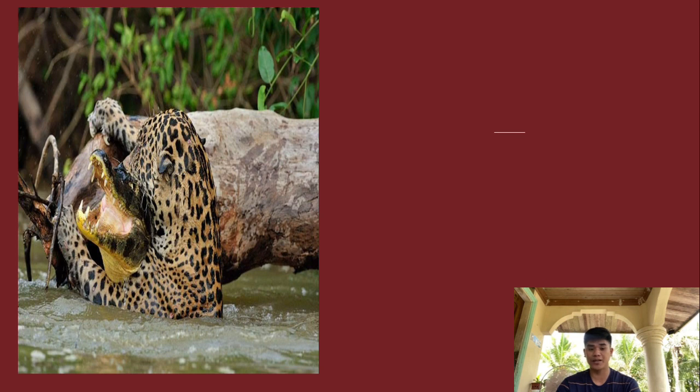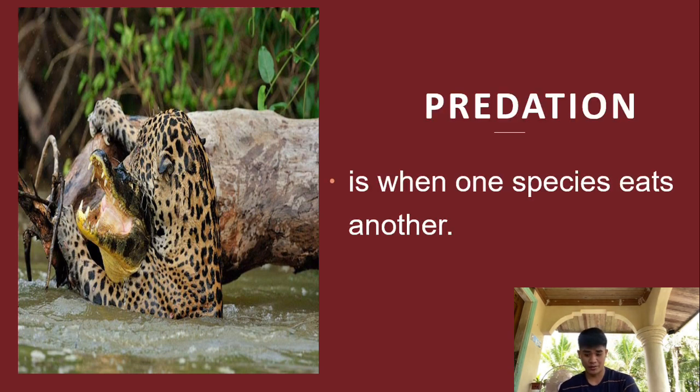That's right. The crocodile is harmed in this interaction because the jaguar attacked it, to eat it. This is called the interaction of predation, which is when one species eats another.